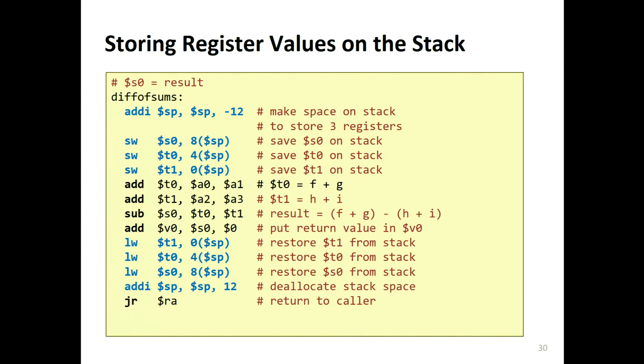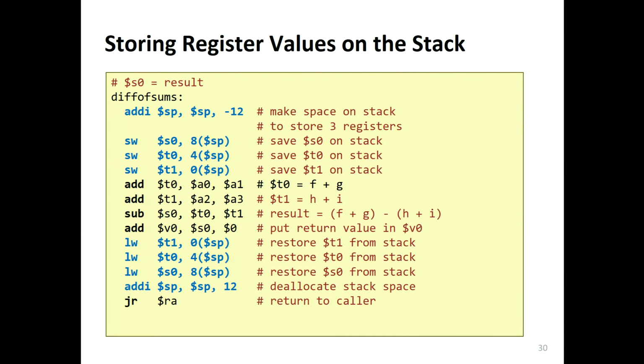And then the second value to T0 and the last value to S0, all in the reverse order that you pushed them onto the stack. Okay? And after that, you're good. But you need to, again, restore the stack pointer back to its original value. So you're deallocating the stack space. And after you're done here, you can do the jump register and jump to the calling function.